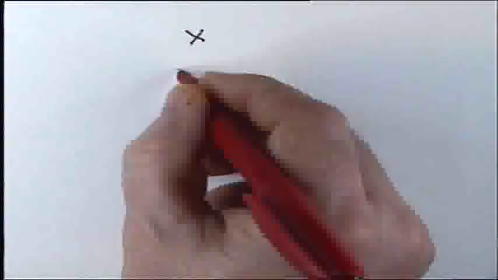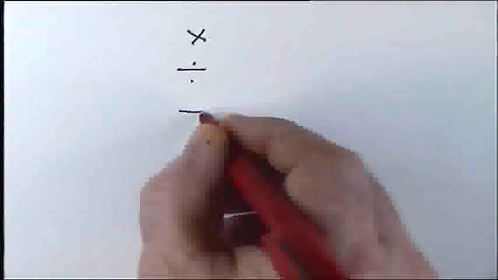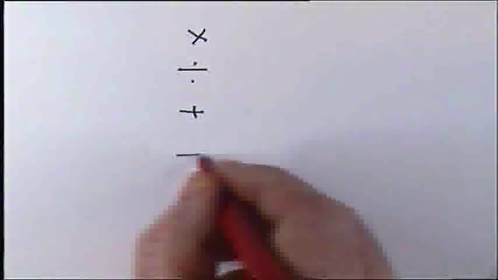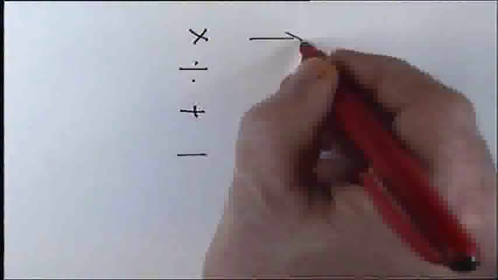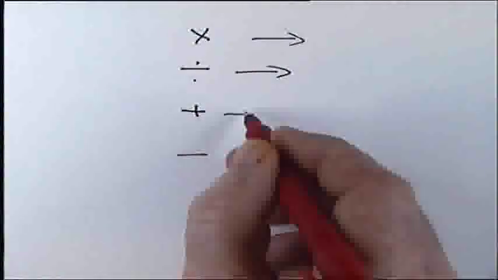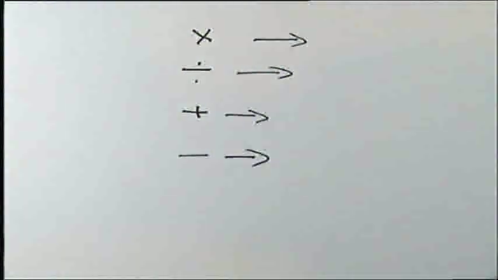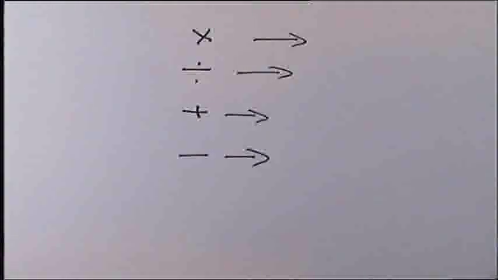So this video is aimed for both higher and foundation students. And before we move into the key part of it, I just want you to think about opposites or inverses. And what I've got here are 4 operations: multiply, divide, add and subtract.